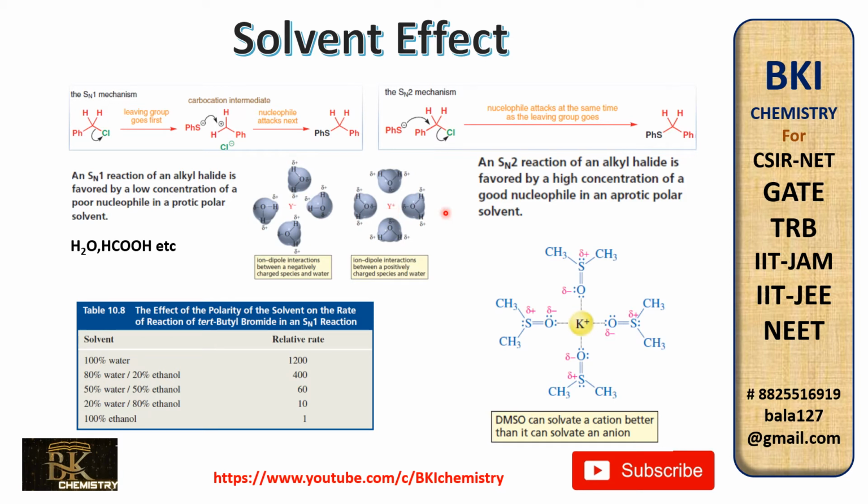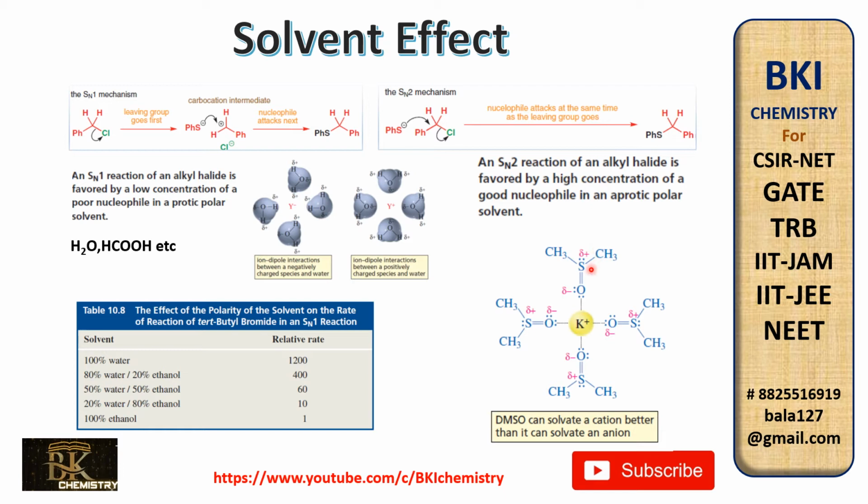So if we take a polar aprotic solvent like DMSO, if we see here the DMSO structure, the oxygen projected outwards contains a delta negative charge, which will surround the corresponding cation of our nucleophile, potassium, sodium kind of salt. So that positive charge will be hidden by the molecule within the methyl moiety.